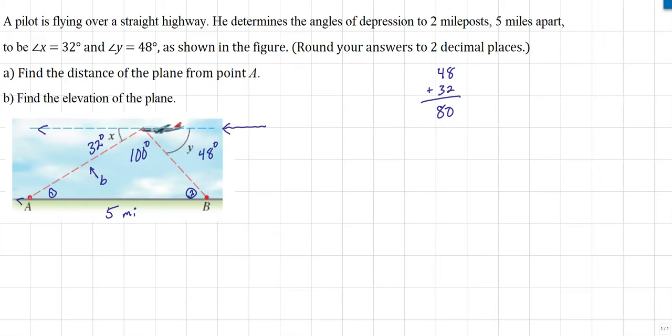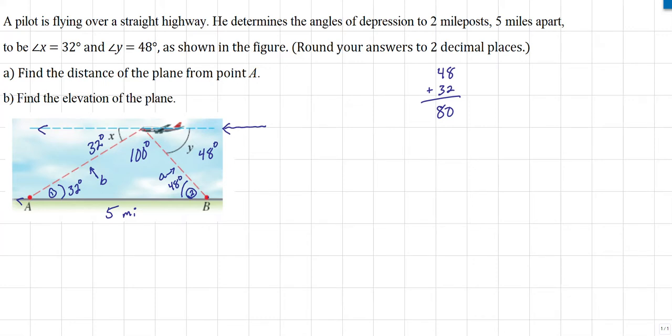We also note that this line from point A to the plane, which we're calling B, is a transversal cutting between two parallel lines, which means that alternate interior angles are equal. So this must also be 32 degrees. Likewise, from point B to the plane, which we're going to call side A, is a transversal cutting between two parallel lines, and alternate interior angles will be equal. So now I know that the interior angles of the triangle are 32 degrees, 100 degrees, and 48 degrees respectively.